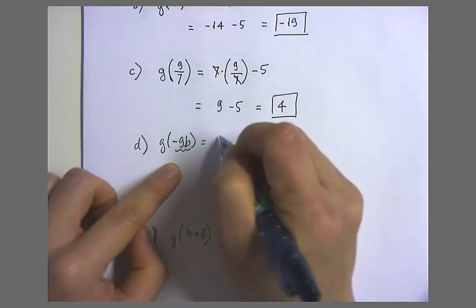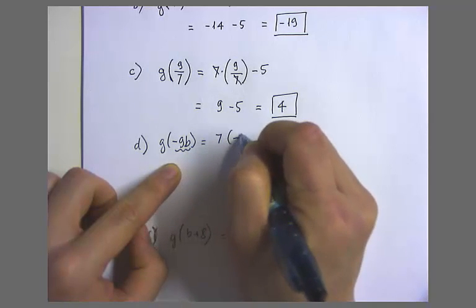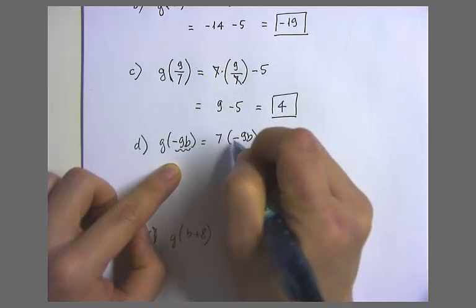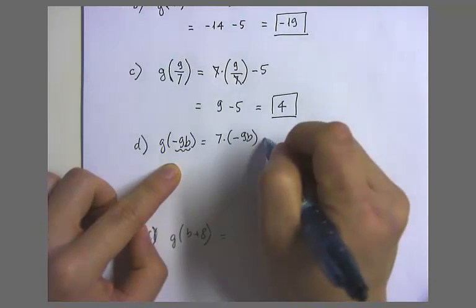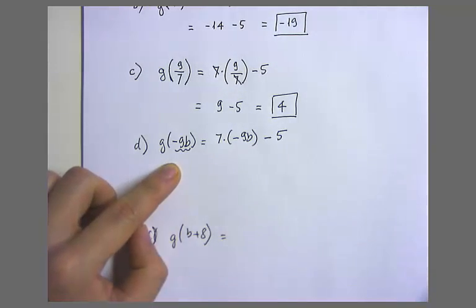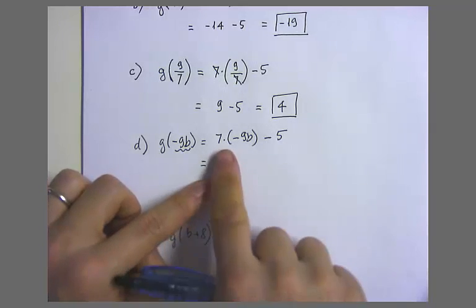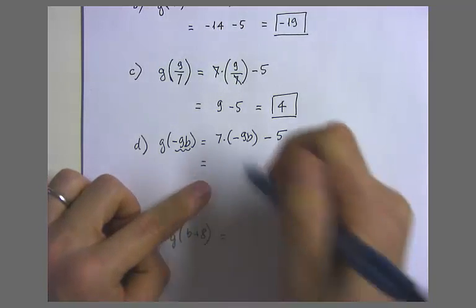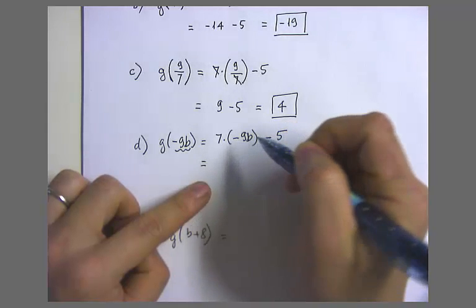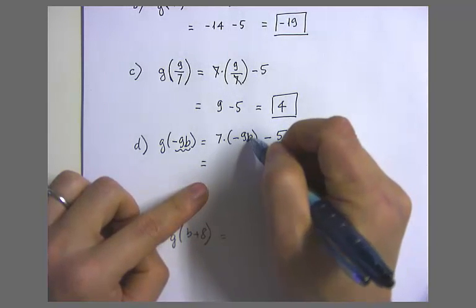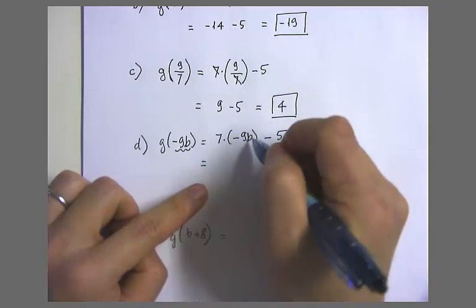So what the function does to this input is multiply the entire input, negative 9b, by 7 and then subtract 5. Keep in mind b is just another variable, so you don't really know what to do with 9b unless you have a value for b.